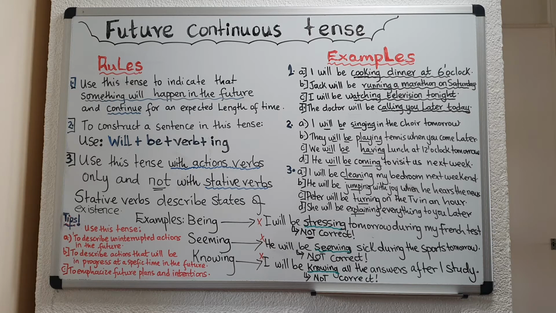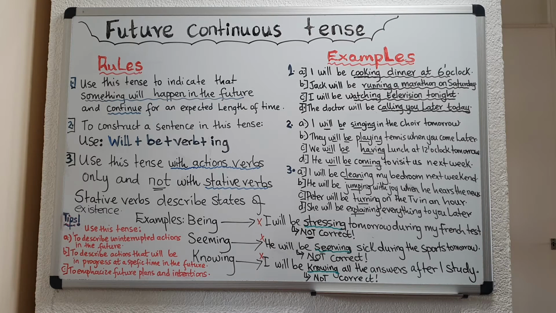So you want to talk about something that you're planning to do in the very near future. And you want to explain that you're going to be spending some time doing that particular thing. Okay?